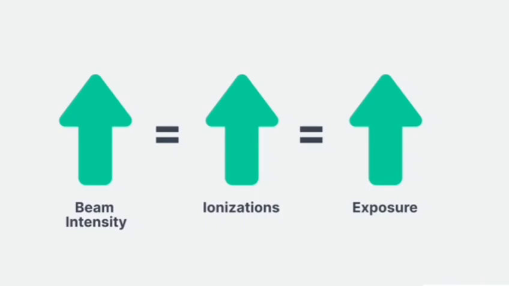Since we can't count these individual photons, we can count the ionizations. And when we do that, we're measuring an increase in the exposure. The number of ionizations is directly proportional to the number of photons in the X-ray beam. So if the intensity increases, the number of ionizations increases, and the measured exposure also increases.